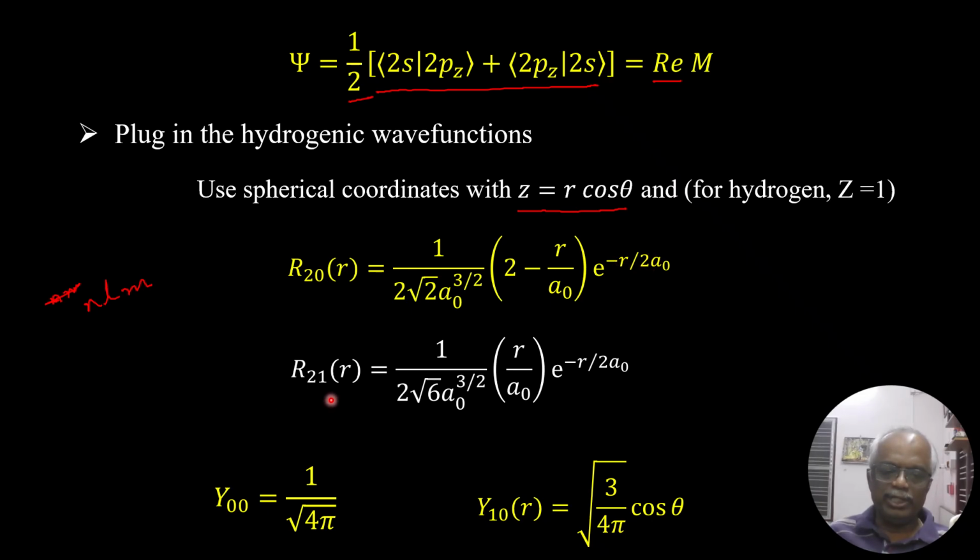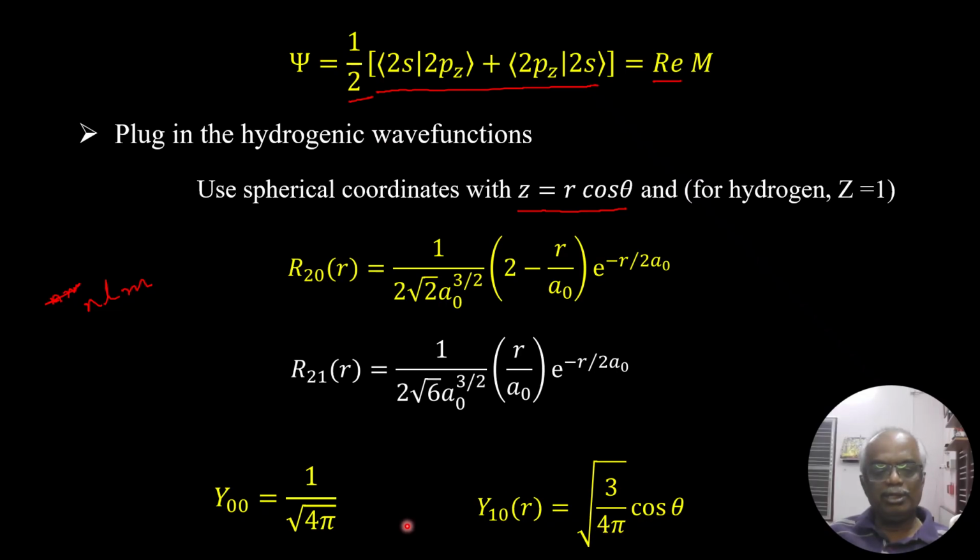Here a naught is the Bohr radius. Similarly, R21 of r is equal to 1 over 2 square root of 6 a naught, to the power 3 by 2, times r over a naught, e to the power minus r over 2 a naught. We have solved so many problems using these wave functions. Similarly, the angular parts are Y00 equal to 1 over square root 4 pi, and Y10 equal to square root of 3 over 4 pi times cos theta.